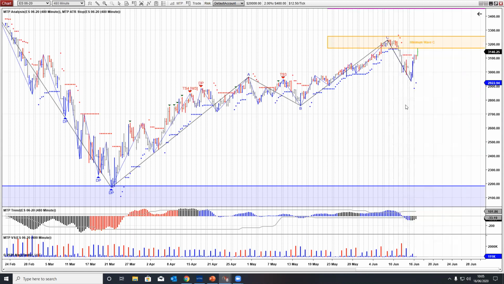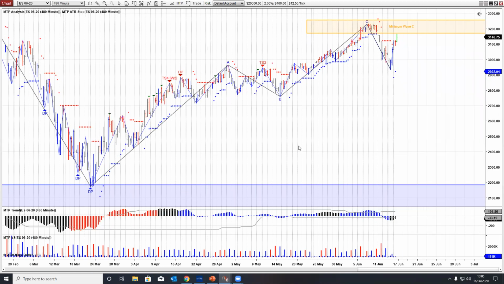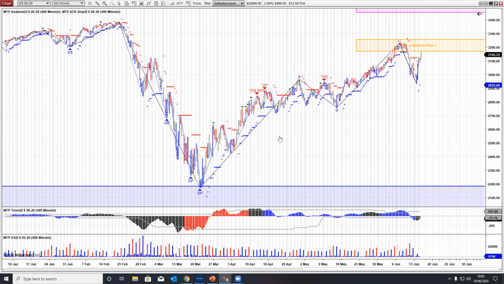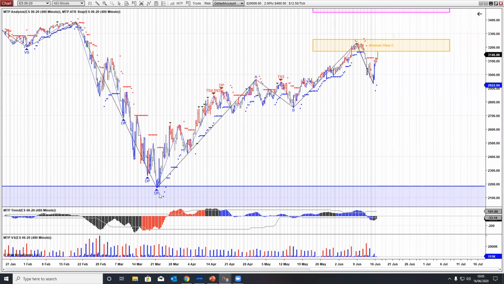So if I do Elliott wave major, do you see how suddenly a week ago we were actually at the minimum wave CWPT up here? Perhaps if I zoom out a bit like that, it makes it just a little bit easier. So the rally coming off this low does look like it's unfolded as an A, B, C, right into that high.